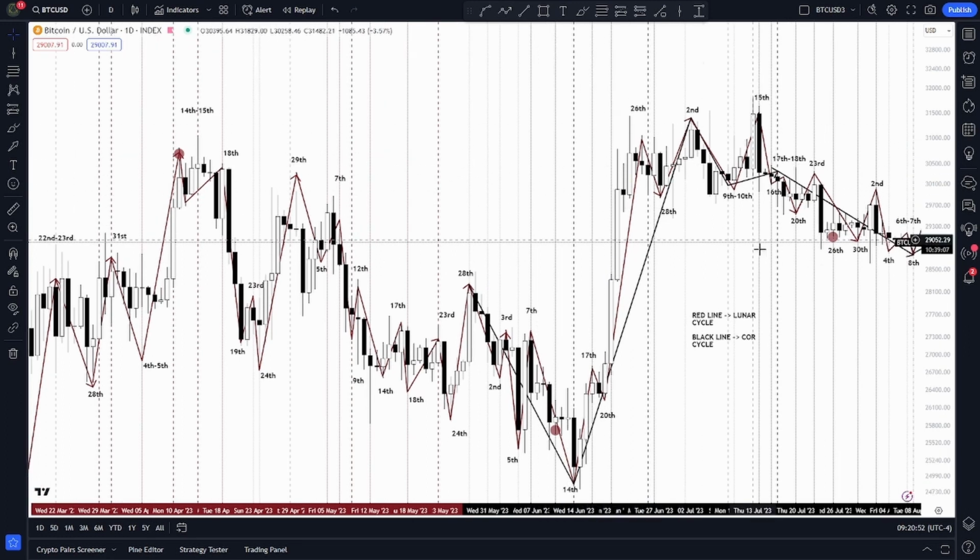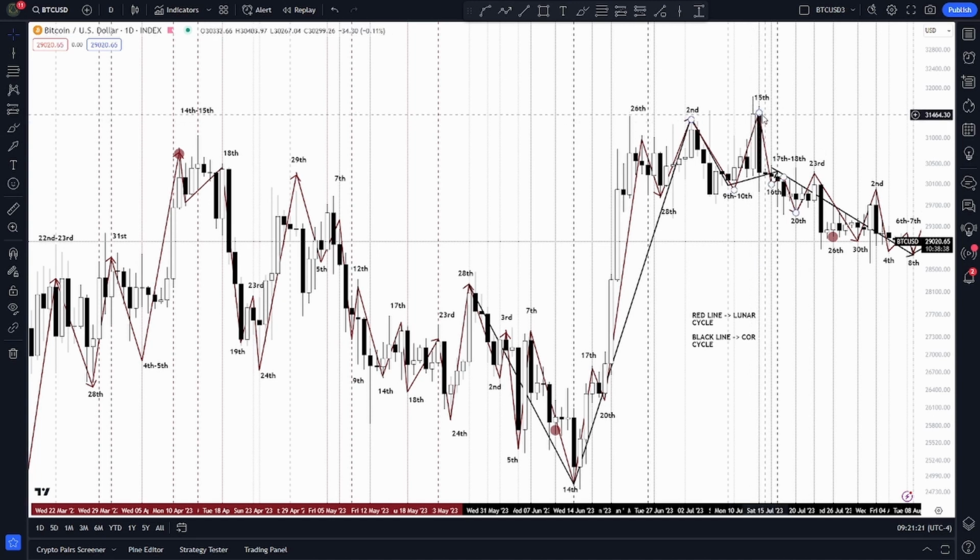Now let's take a look at how we can trade July swings. It starts here. This is 2nd of July. There is a 1-day deviation here, and it occurred on 3rd of July. 2nd of July as a top, 9 to 10th of July as a bottom. 15th of July, there is a 1-day deviation.